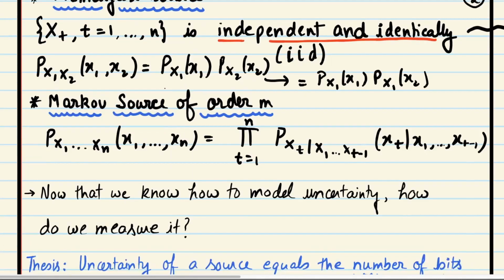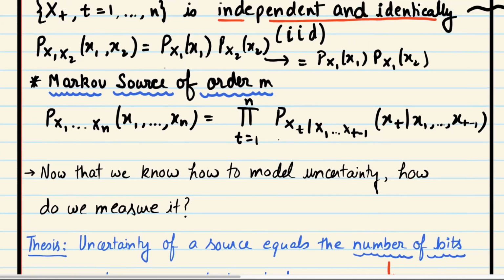But in the Markov source of order m, each of these expressions can be approximated by just the previous m symbols. It's independent of all the past given the previous m symbols.